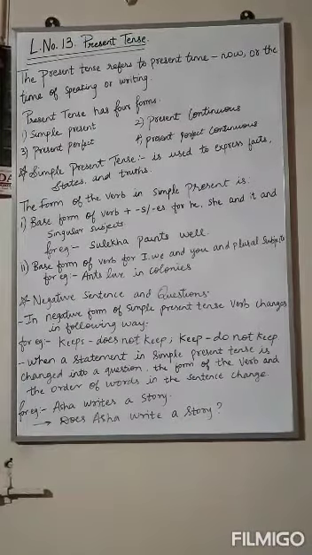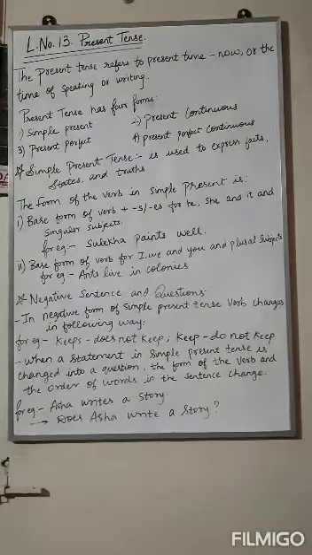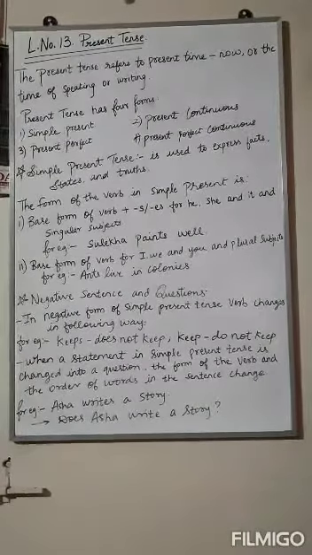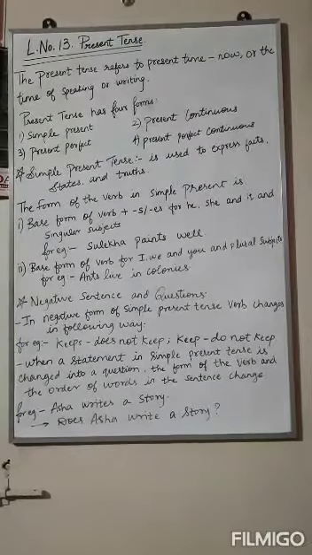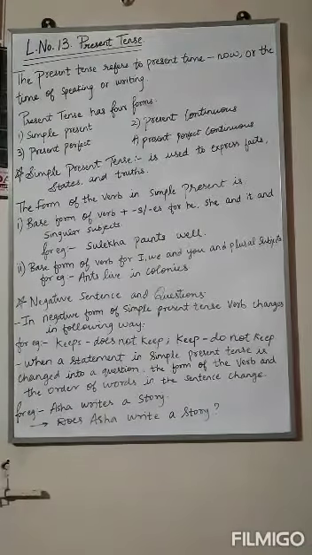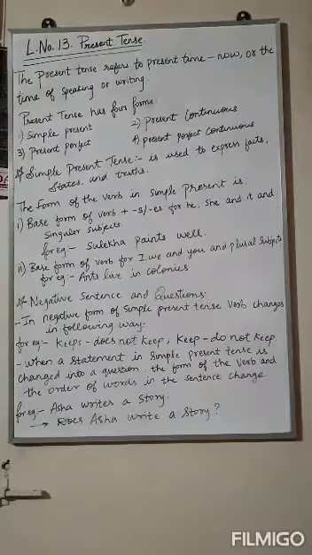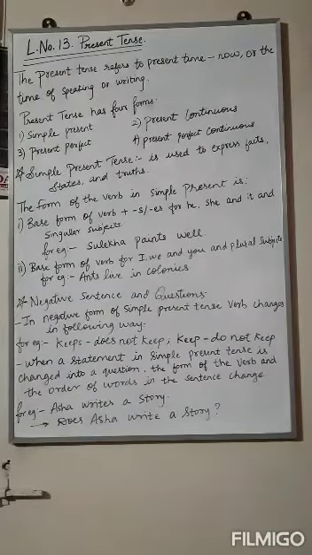The form of a verb in simple present: the base form of the verb plus s or es for he, she and it and singular subjects. For example, Sulekha paints well. Now in this, s is used in paints.